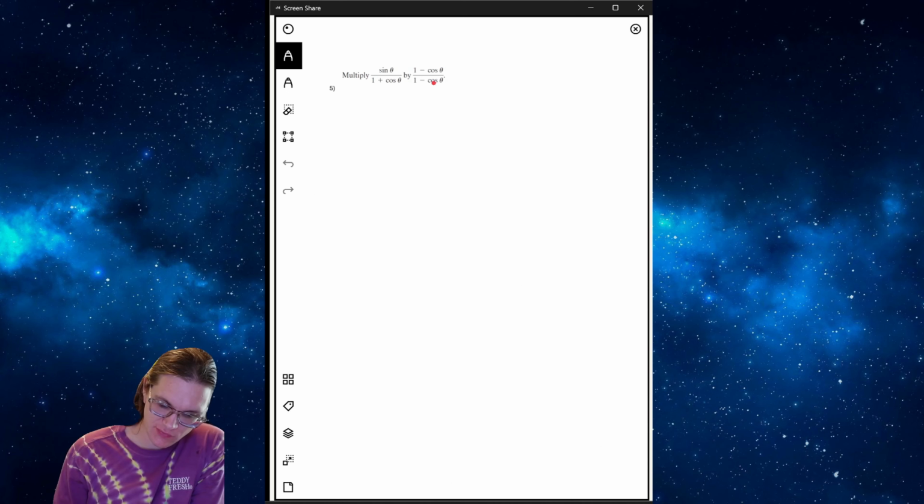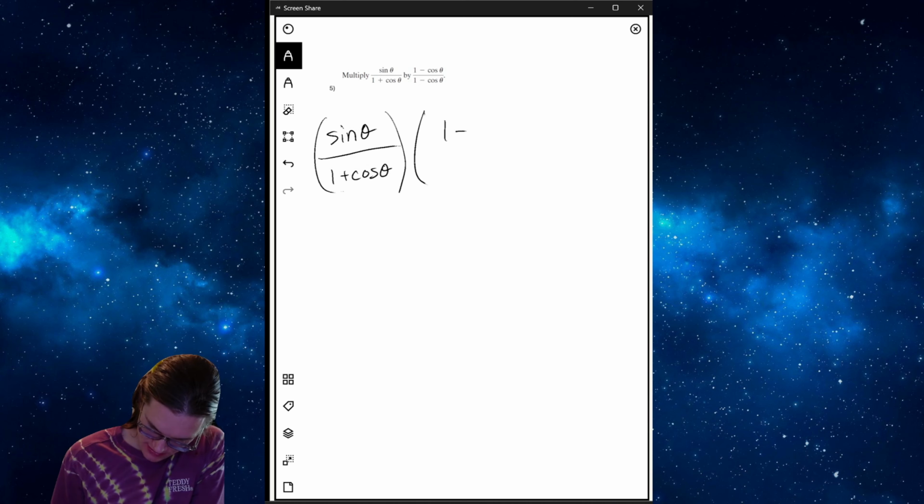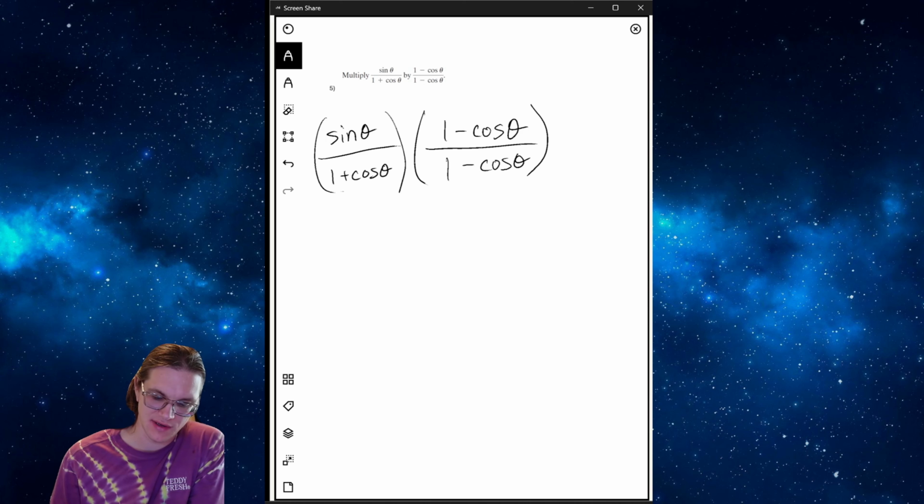Okay. This one says we would like you to multiply this fraction times this fraction. And obviously this already equals 1. You're not going to reduce it to 1 because what they're doing is giving you an exercise and showing you how to use identities and how they appear sometimes. So that's why they want you to do this.